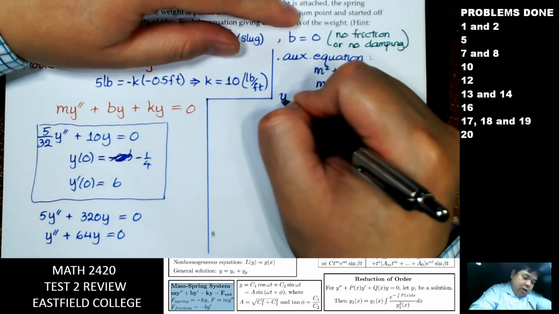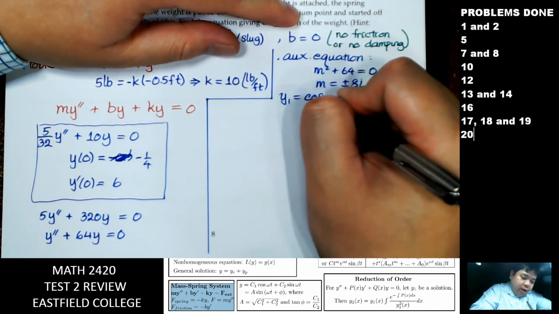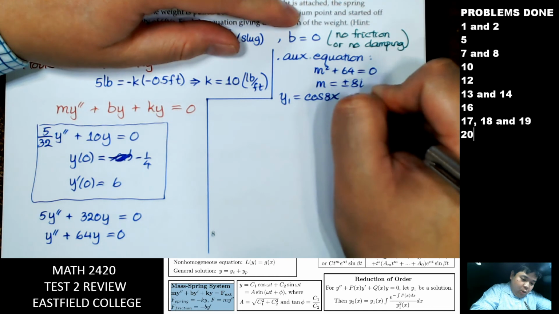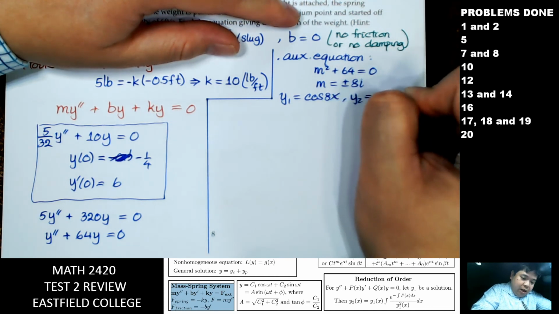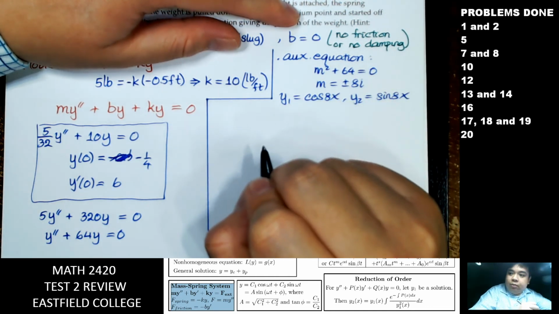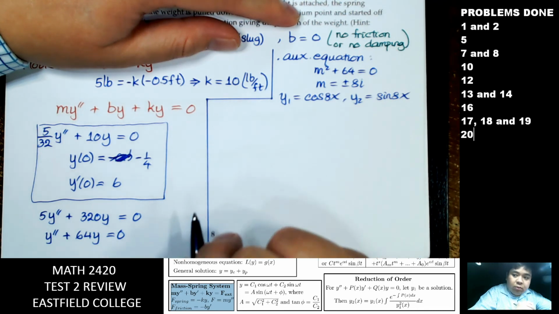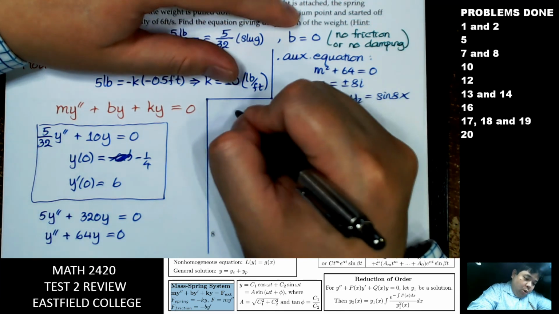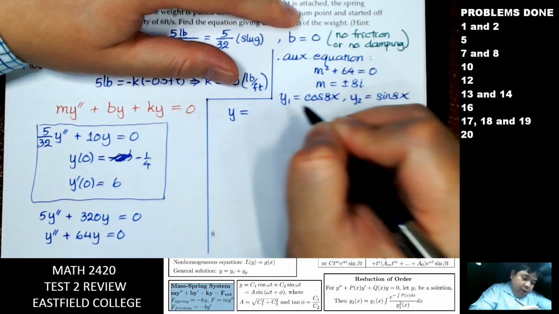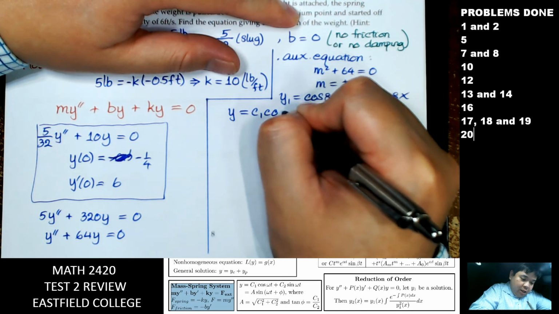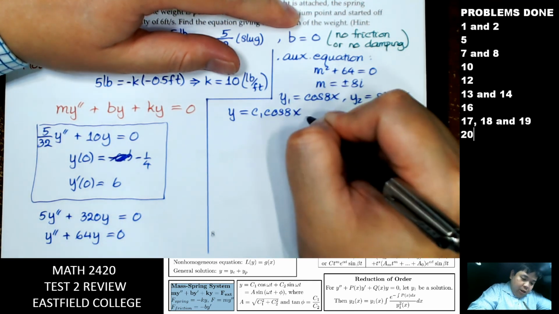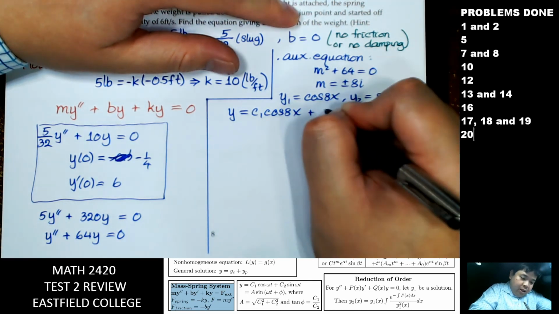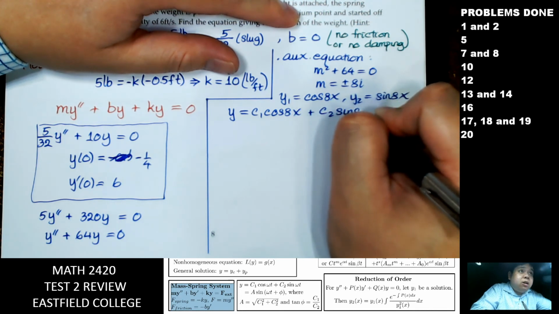So y1 is cosine of 8x, y2 is sine of 8x, or y in general, C1 cosine 8x plus C2 sine of 8x.